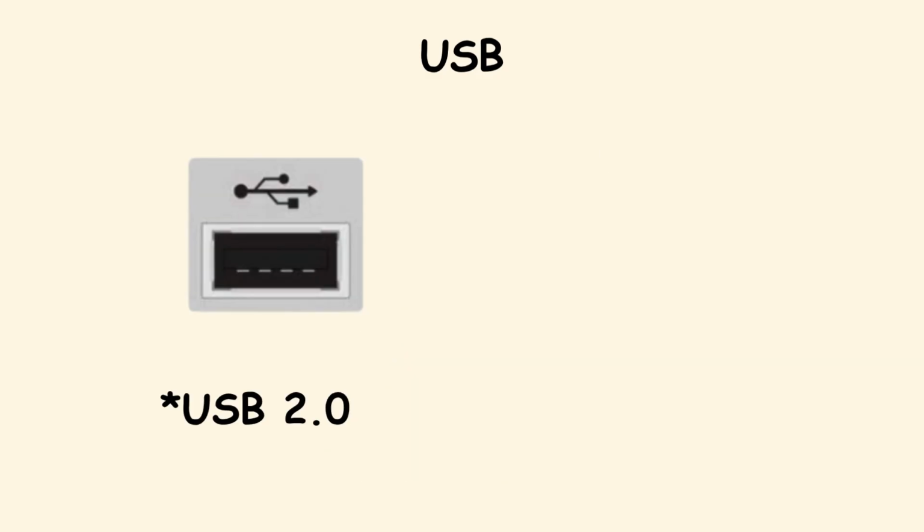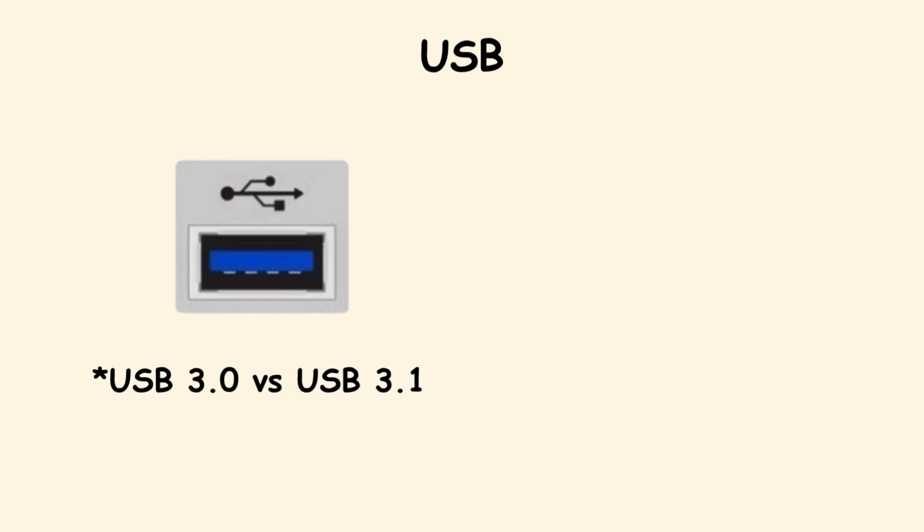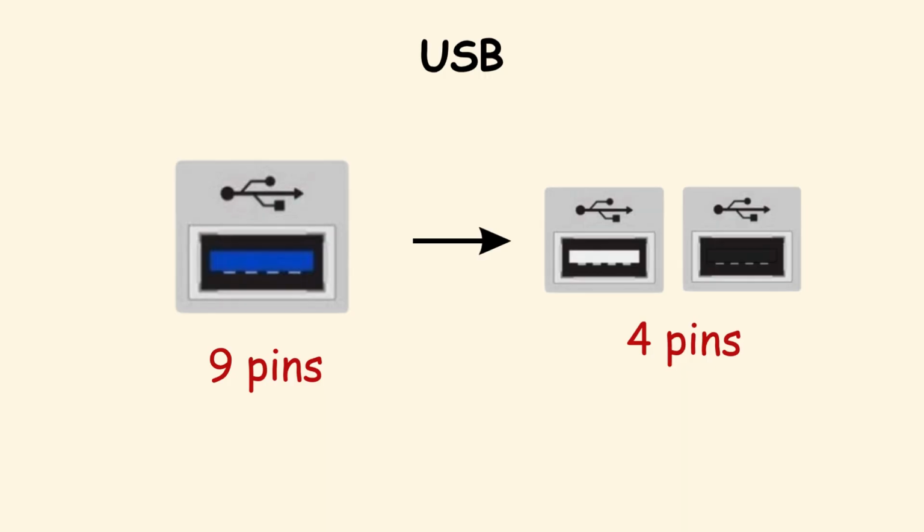Moving up, USB 2.0 is still the standard you'll see a lot today. It goes up to 480 megabits per second, and the ports are usually black. Then came USB 3.0 and 3.1, which boosted speeds to between 5 and 10 gigabits per second. These ports are often blue, and you can spot them by the 9 pins inside, compared to only 4 pins in USB 1.0 and 2.0.